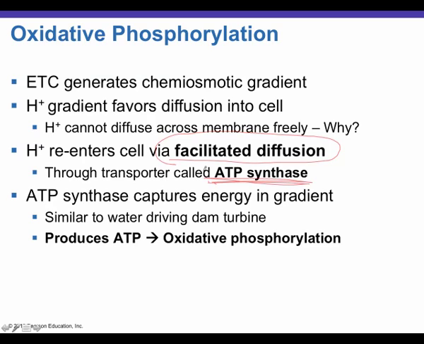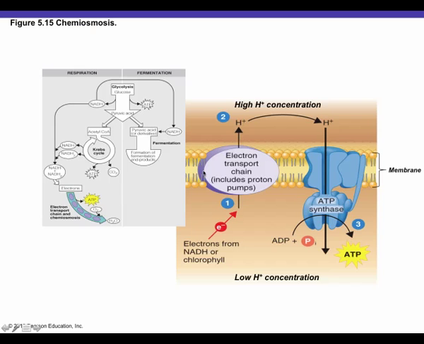And this is oxidative phosphorylation. Finally, we have made ATP, not by directly transferring phosphate to ADP, but by building this gigantic dam, our chemiosmotic gradient, allowing that gradient to go through this ATP synthase, driving our turbine, and finally producing ATP. It looks something like this, right? So very simplified.